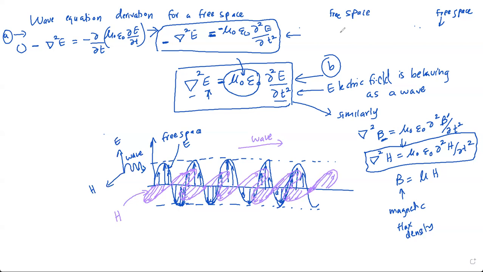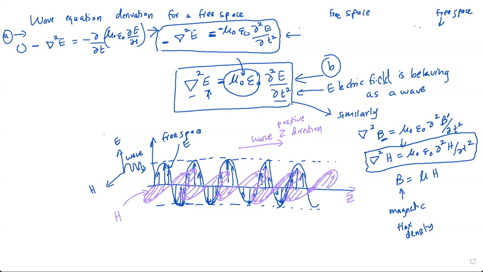If we take this direction to be the z axis, then the wave is going in the positive z direction. Okay, so that is where the wave is propagating. I hope it is okay with you, right?